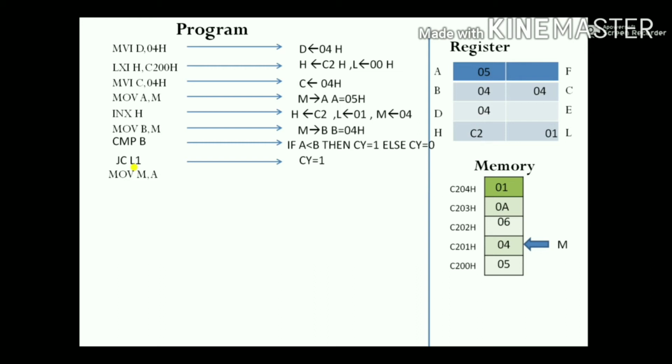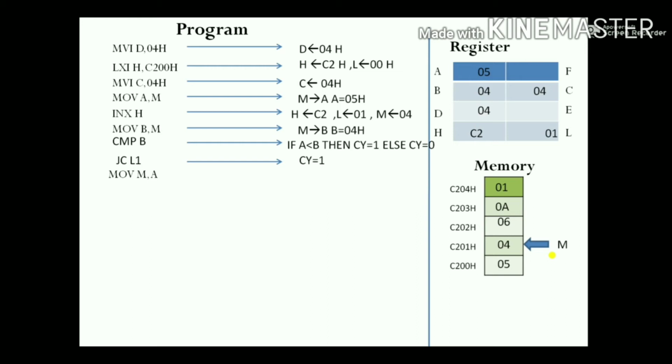So how will we exchange? It means we want 04 at the place of 05 and 05 at the place of 04. Currently 04 is stored in memory, right? And the accumulator has 05, B has 04. To exchange the data, we need one temporary register, a temporary variable.